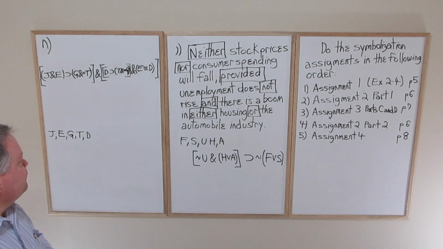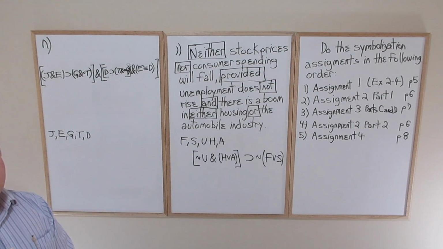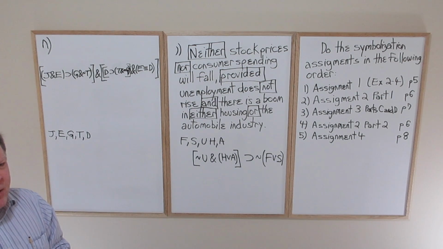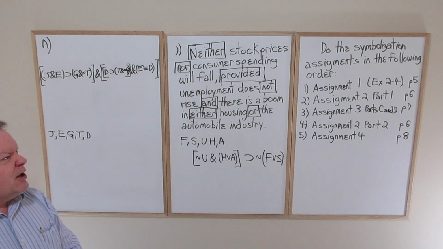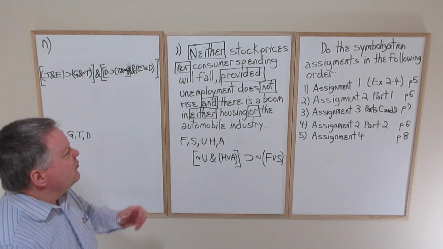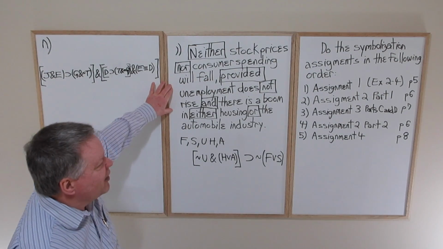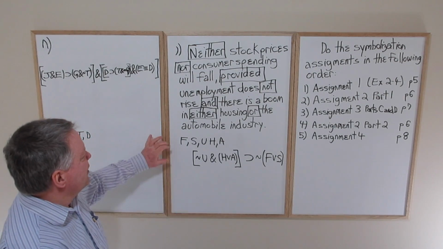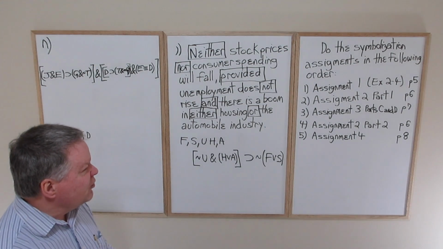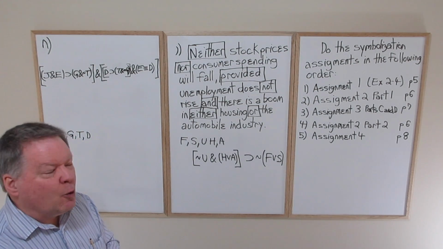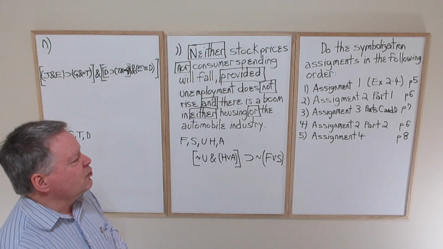So, over the next several days, you should be spending all of your time in this course doing symbolization questions, internalizing the ability to convert English sentences into symbolizations that reveal very straightforwardly their form or underlying logical structure.